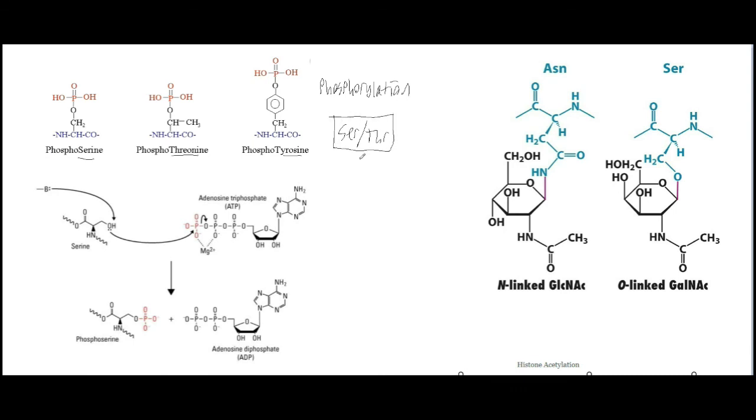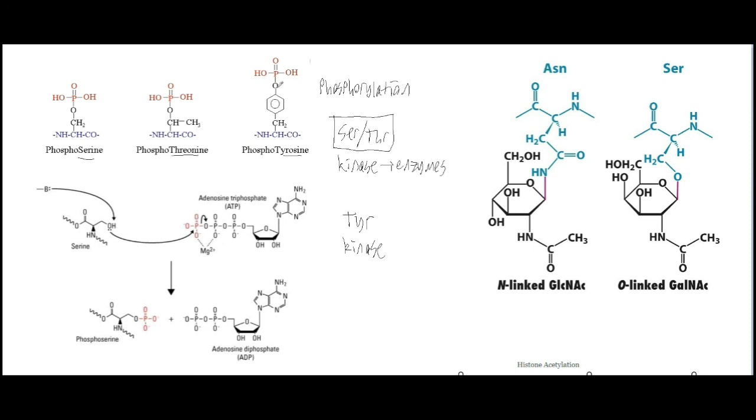We call them serine threonine kinases. A kinase is a type of enzyme that phosphorylates these amino acid residues, these side chains, and so we usually group the serine threonine kinases together, and then we will also have the tyrosine kinases, which are usually different from the serine threonine kinases.